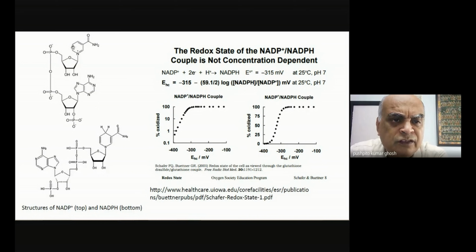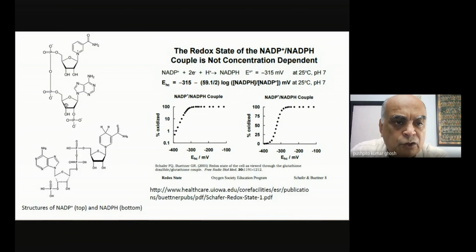You will see that it's an aromatic system, like a pyridine derivative, and it's got aromaticity here. Now when that H plus and the electron go and react with the NADP plus, it breaks the aromaticity, and it forms this. This is known as NADPH.